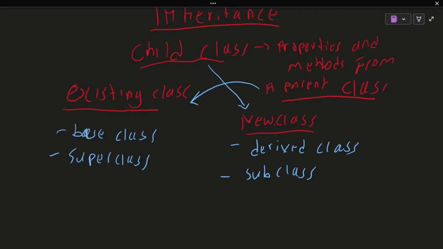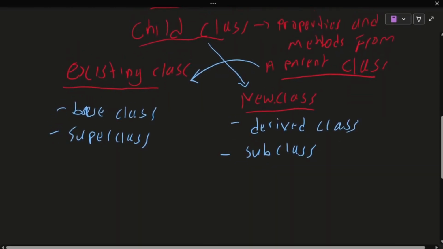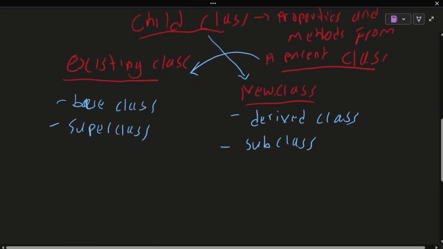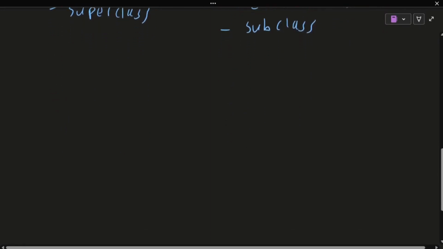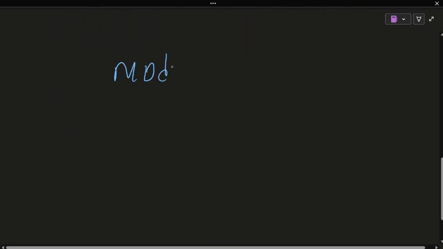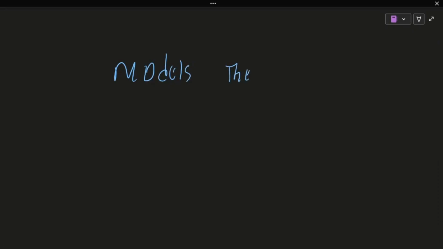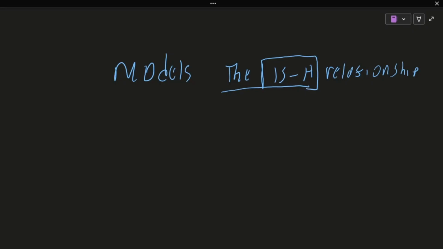don't be confused. From there, we also want to understand what kind of relationship inheritance draws. So it models the "is a" relationship. What does that mean?